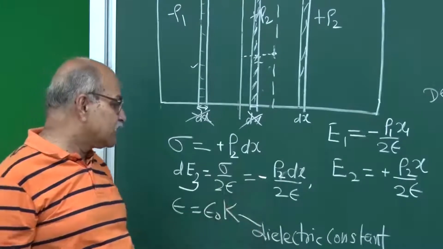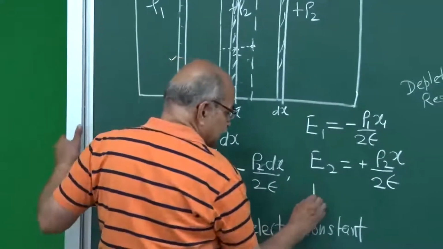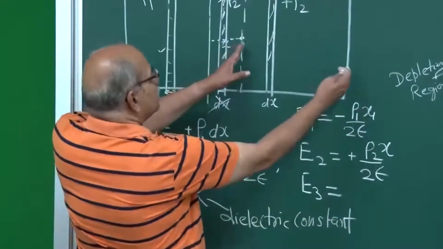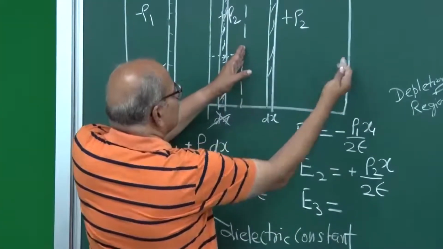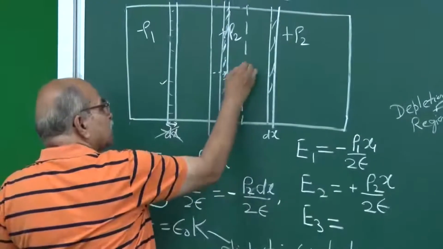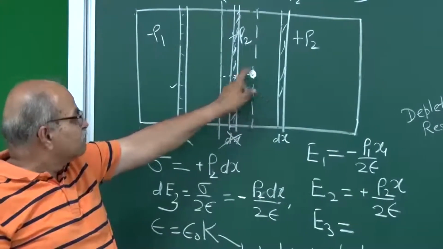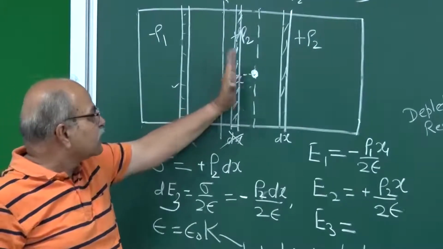When you integrate this and write what E3 is, that is the field due to this whole part to the right of the point chosen. Always remember, I am trying to find the electric field at this point, which is at a distance x from this junction.